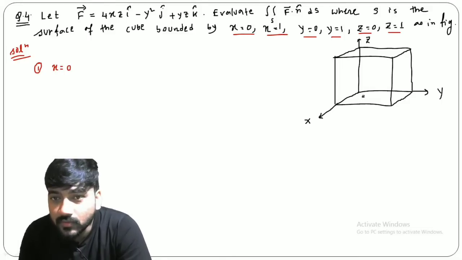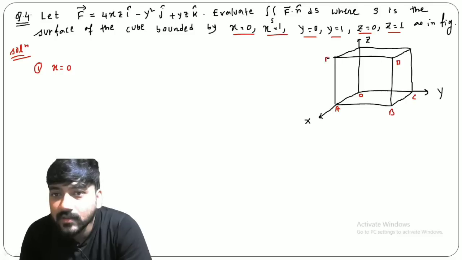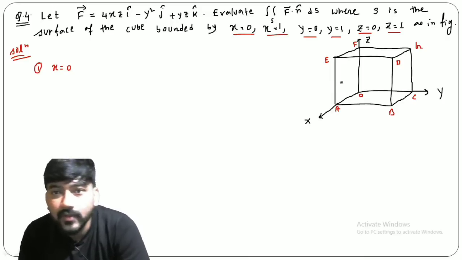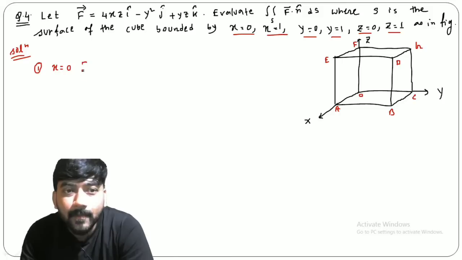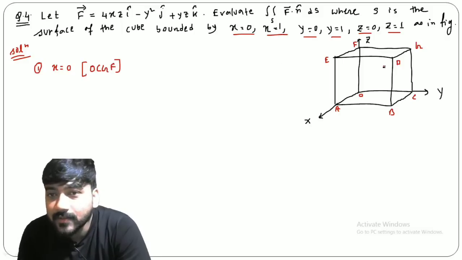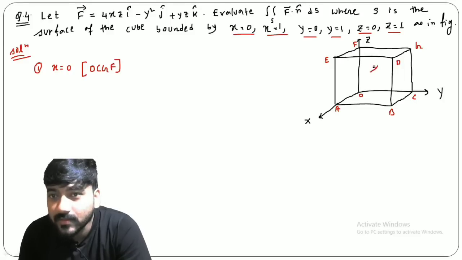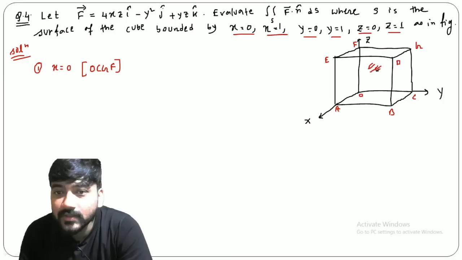Let me take it: this is O, A, B, C, and this surface is D, E, F, and then G. So x = 0 means this surface O, C, G, F. For this surface OCGF, what is the n cap?